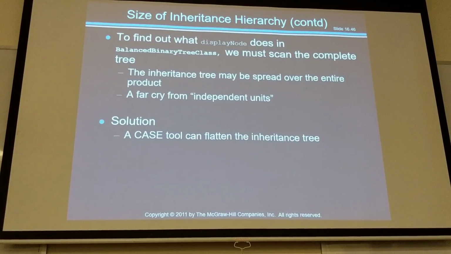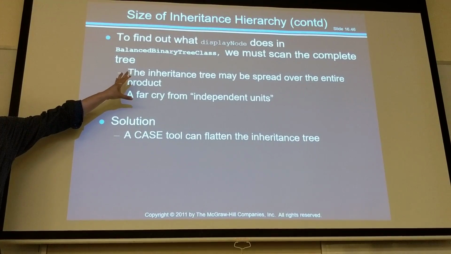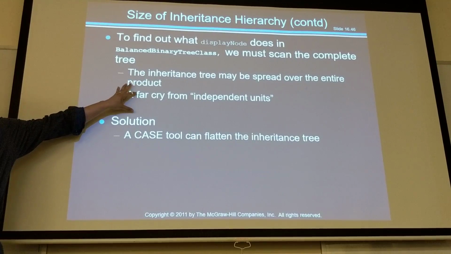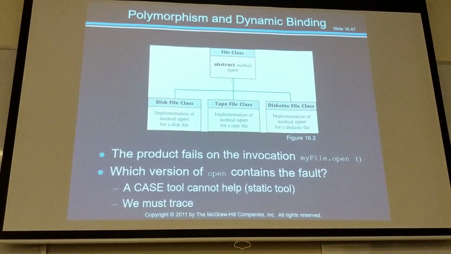So this will happen a lot in your object-oriented programming environment, because you have a deep inheritance hierarchy, and overloading, which are causing problems. Okay? You can flatten the hierarchy, but there is a disconnect between the flattened one and the original one.